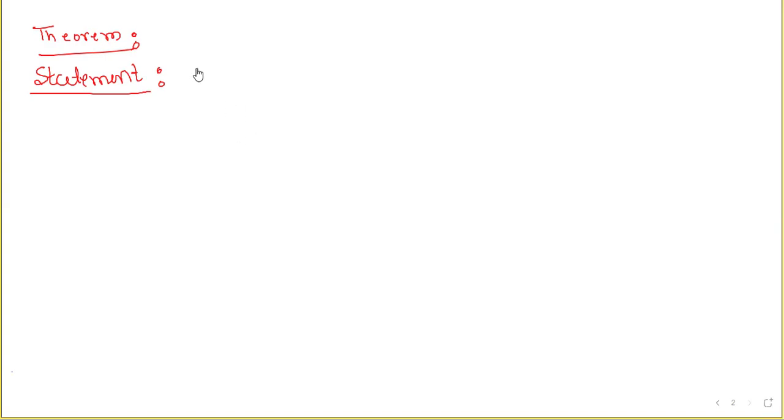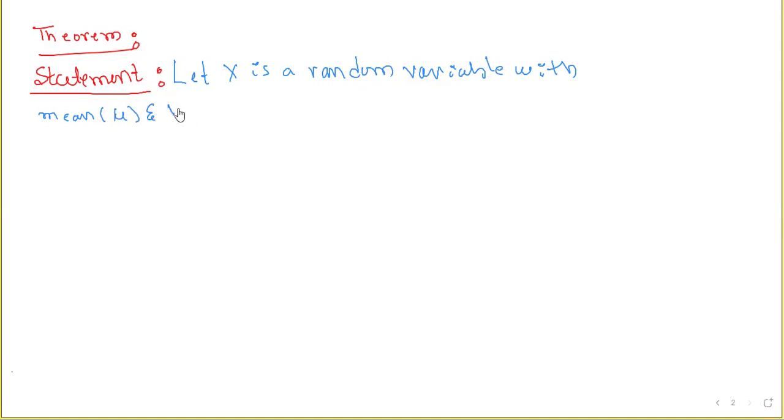Let x be a random variable with mean mu and variance sigma square.